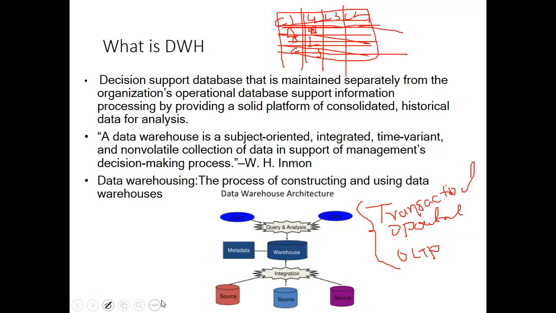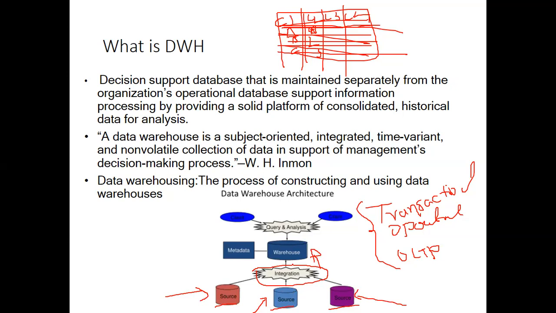Now data warehousing is nothing but the process of constructing and using the data warehouse, right? So here if you see this diagram, the sources can be multiple sources, source 1, source 2, source 3. We integrate everything into a single place and store it in a warehouse. The transactions will be performed on the different databases because an application can have a number of databases.